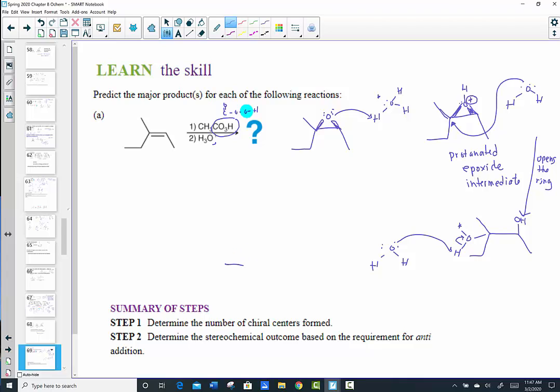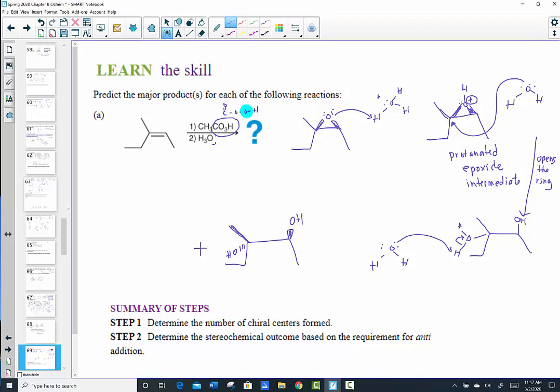Now think that through. If this hydroxyl added as a wedge, this hydroxyl must add as a dash, and making one of these, I'll make this guy the wedge.